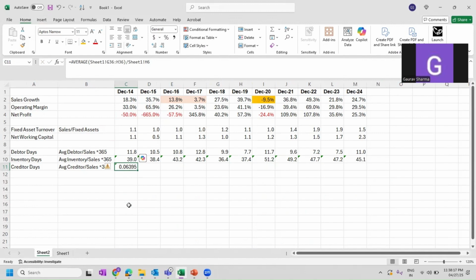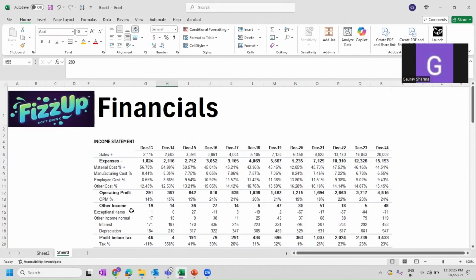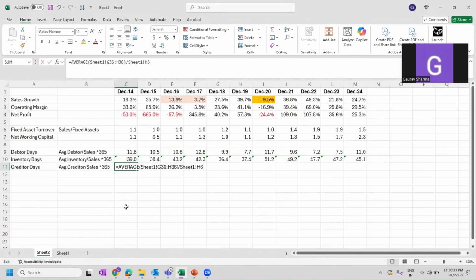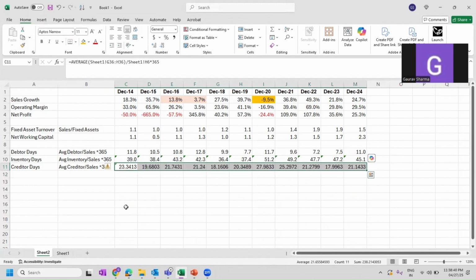Just like in case of debtor, a debtor is born when you make a sale, a creditor is born when you make a purchase. But here we may not have the purchase. We can take the cost of goods sold, which again we don't have. So we'll play safe. We'll just take the sales for now, right? Multiply it by 365, and then these are our numbers. All right.